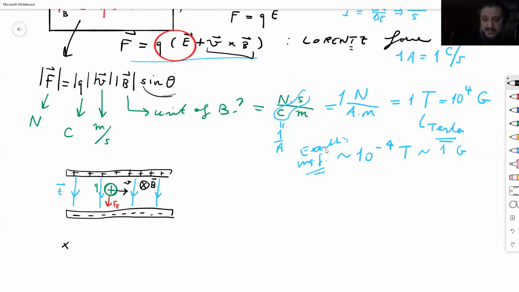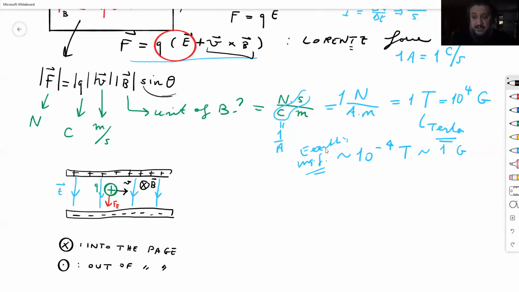If I use a cross in a circle, this means into the page, or into the monitor if you're watching this video, into the plane, into the page, let's call it. And if it's coming out of the page towards you, if that's the direction of the magnetic field, just put a dot inside a circle. That's out of the page. Okay, in our case, into the page.